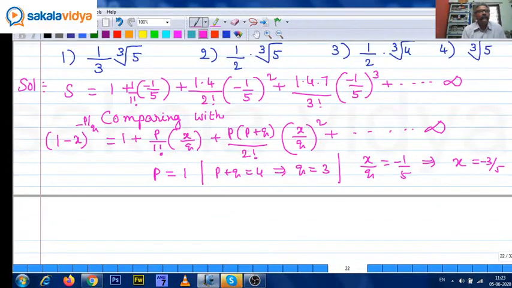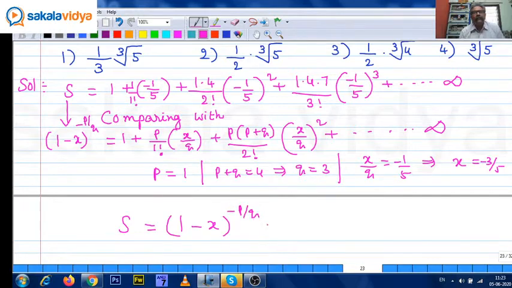So we need to find S, which equals (1 minus x) to the power of minus p by q. That is (1 plus 3 by 5) to the power of minus 1 by 3, which is (8 by 5) whole to the power of minus 1 by 3.